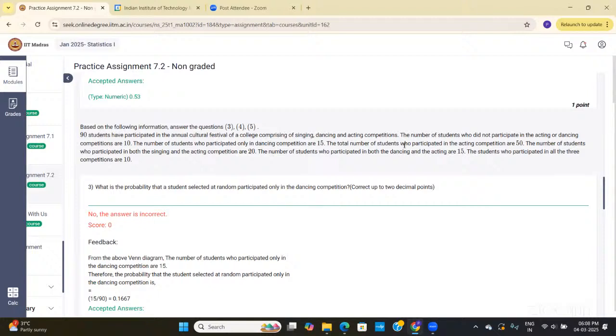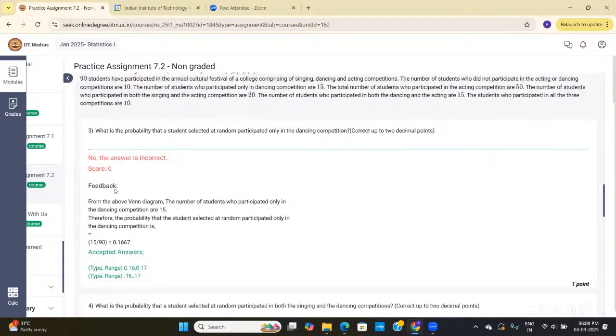The total number who participated in acting is 50, and the number who participated in both singing and acting is 20. The number who participated in both dancing and acting is 15, and the number who participated in all three competitions is 10. Based on this information, you can make the Venn diagram first, and with the help of the Venn diagram, you can answer the following questions.